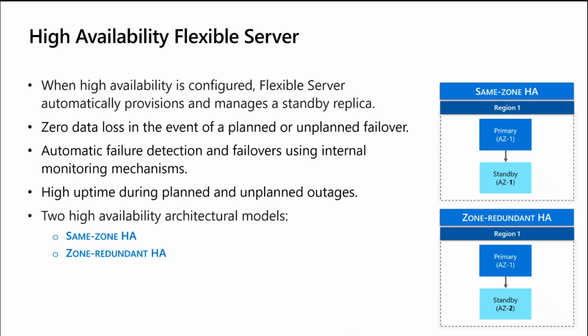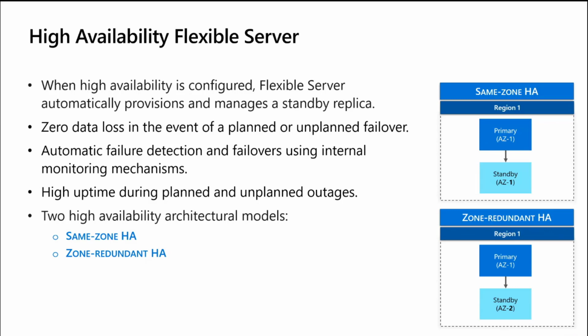And because not all the regions have multiple zones, we support both same zone HA as well as zone redundant HA. If you do same zone HA deployment, it won't protect you against zone failure, but it will help you in reducing the maintenance downtime because of the Azure maintenance we do every month. Every time we do the maintenance, we start with the standby instance.